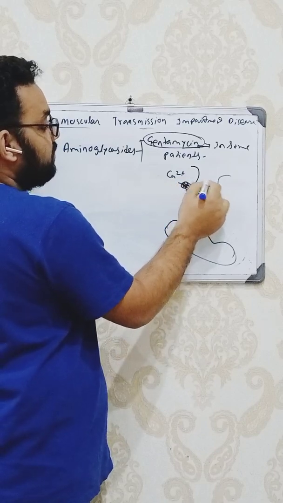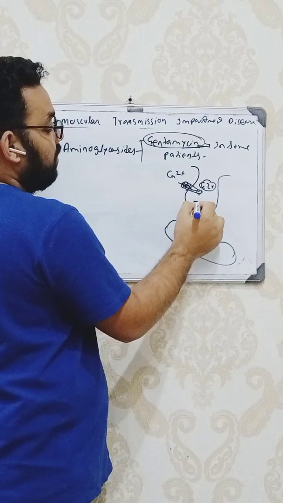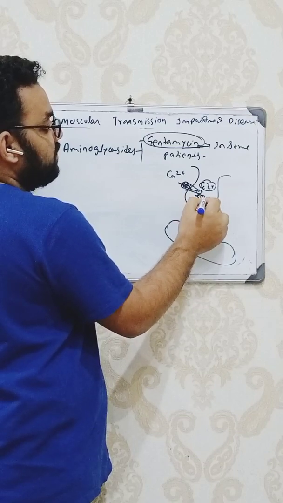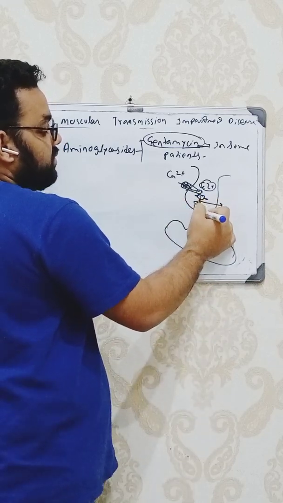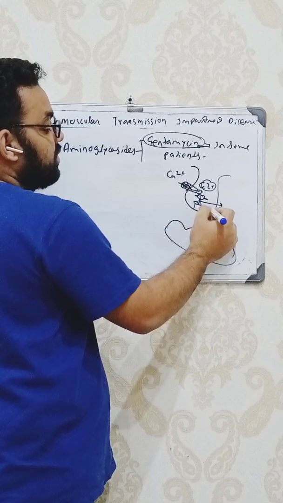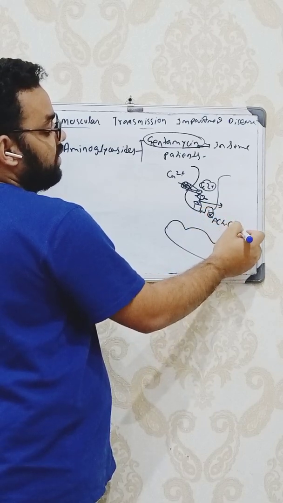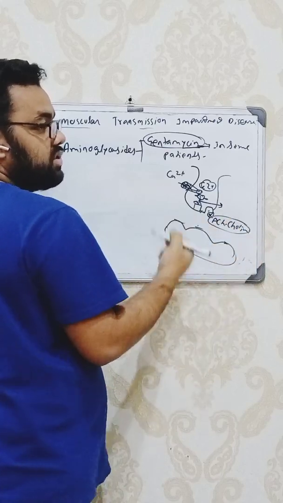If the calcium can't come, then what? This syntaxin part will not open. As a result, this synaptobrevin cannot get bound with this part. So synaptobrevin will not be able to get attached with the membrane. So there will be no releasing of the acetylcholine. And if the acetylcholine can't come here, then it cannot do its further function. So it cannot get bound with its receptors.